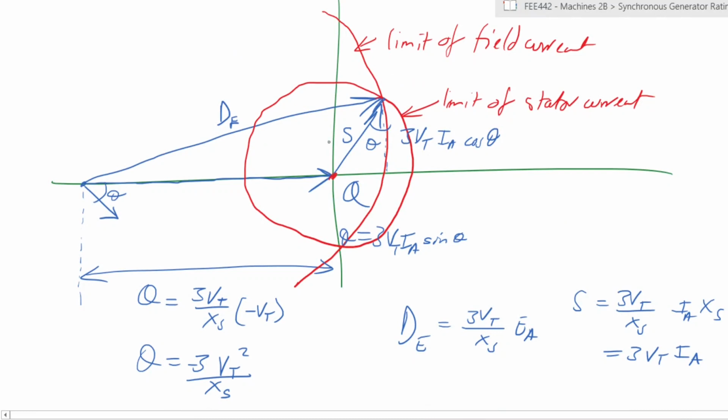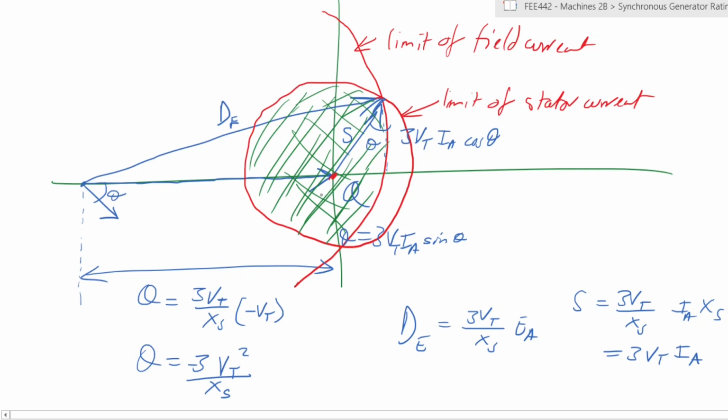So now we have combined these two into our power diagram, and it shows us the limitations of those two. So it means our machine can only operate within this quadrant. It cannot exceed this area of operation, right? Beyond here, it exceeds the limit of field current, and beyond this circle, it exceeds the limit of stator current.